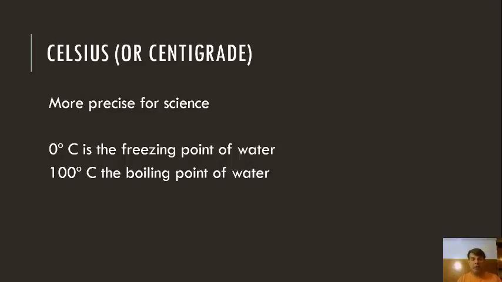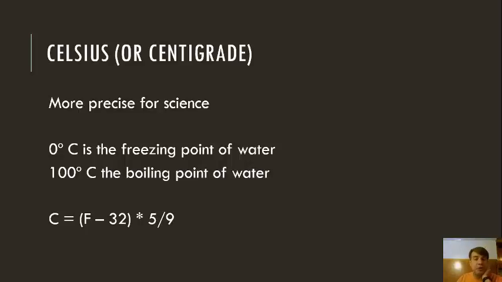Now, how do you get from one to the other? This is something you might have learned before. There's actually a common sense to it, so you don't even have to memorize these formulae. You can just figure it out. To get from Fahrenheit to Celsius, the first thing you need to do is get to 0.